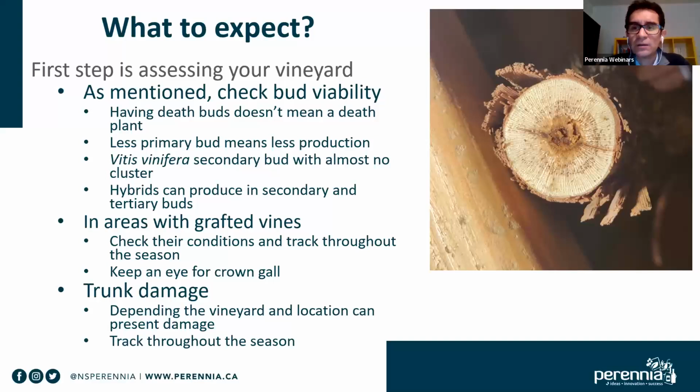Trunk damage, and I already show in this photo one trunk of Lucy Kuhlman with slightly tiny damage. So depending on the vineyard and location, it can present damage. We cannot say a lot about it right now, so the only way to know what is happening is to track throughout the season.